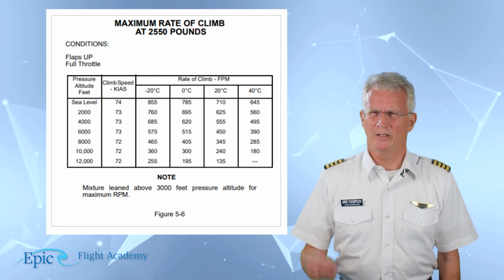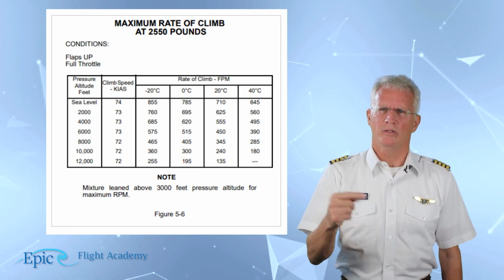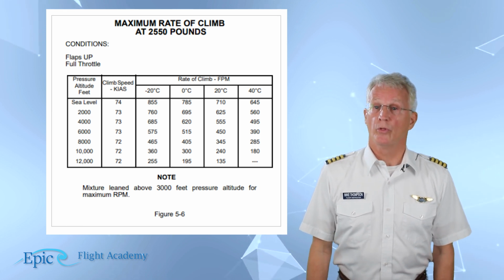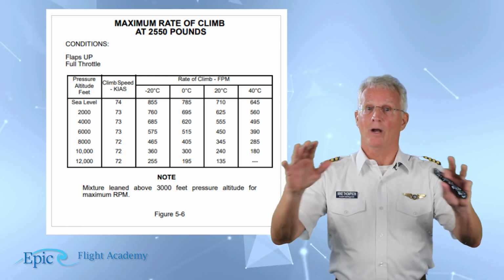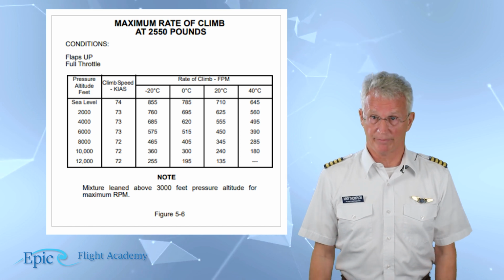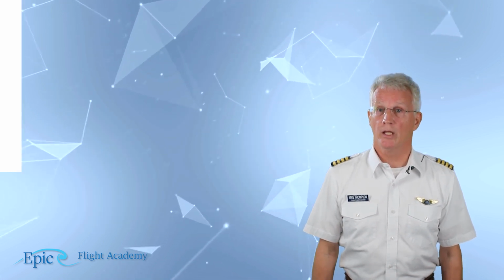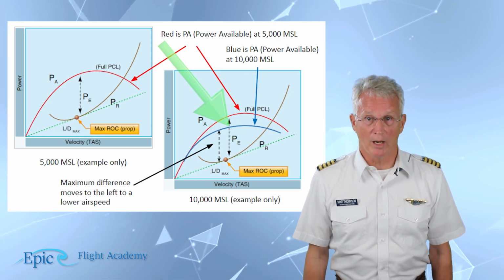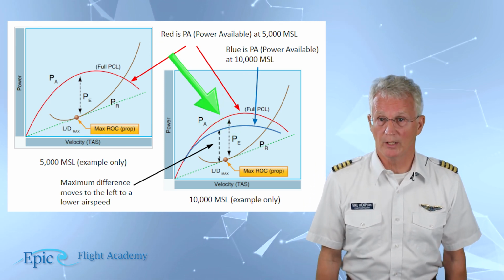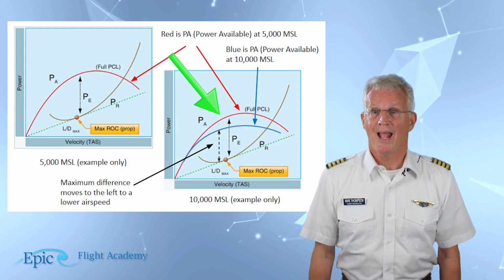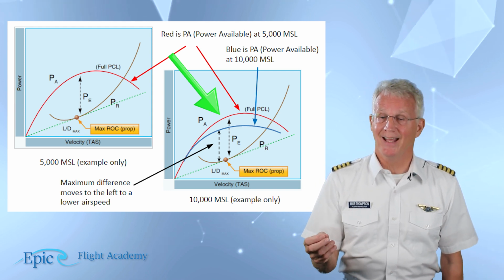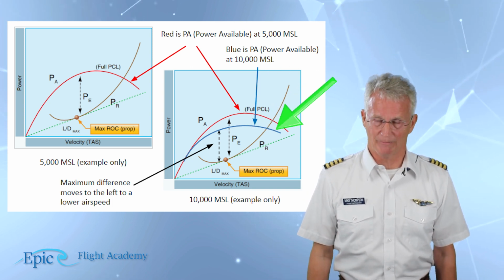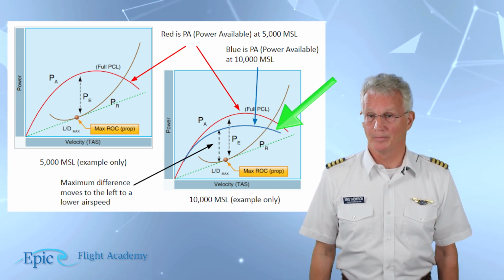But why does VY go down with altitude? The answer lies with the red line in our excess power graph. Notice here we're showing power available as the red line at 5,000 feet MSL, and then again as the dark blue line at 10,000 feet MSL.